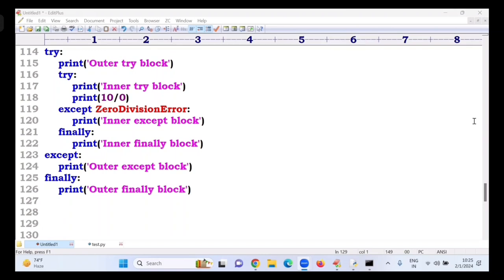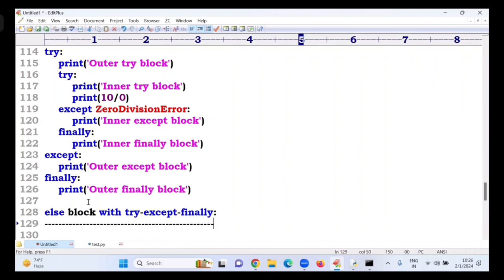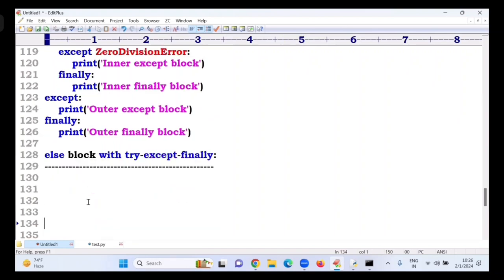So the next to last concept is else block with try except finally. Sir, we know if and else conditions.